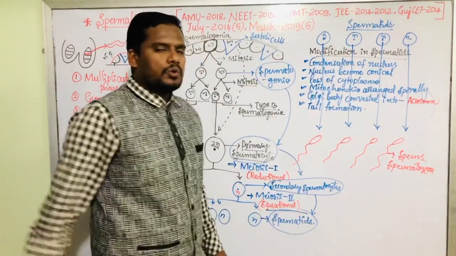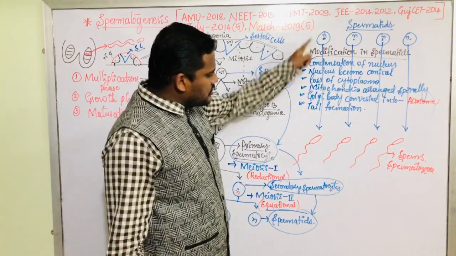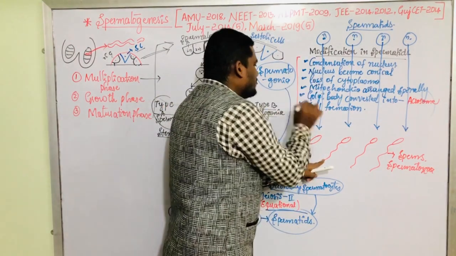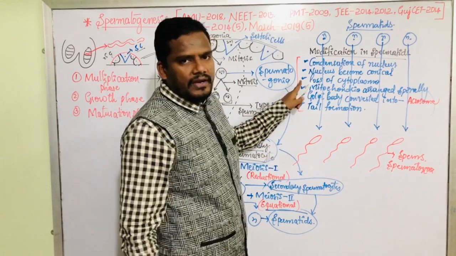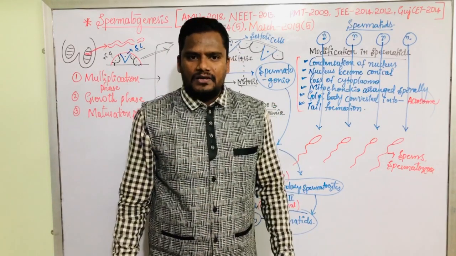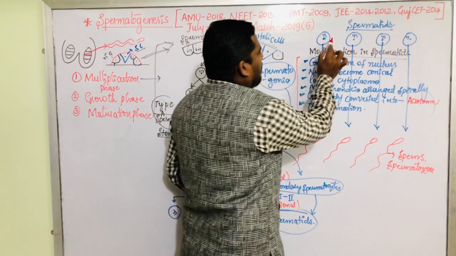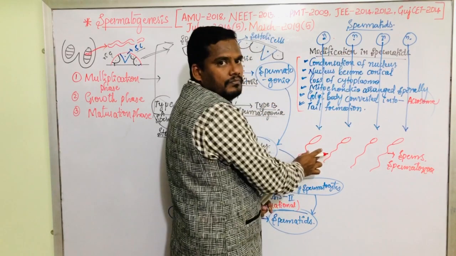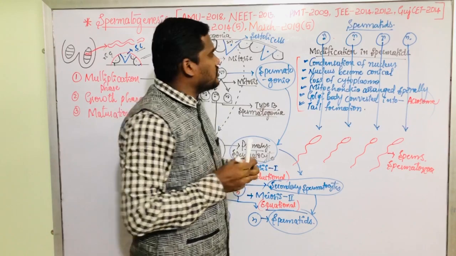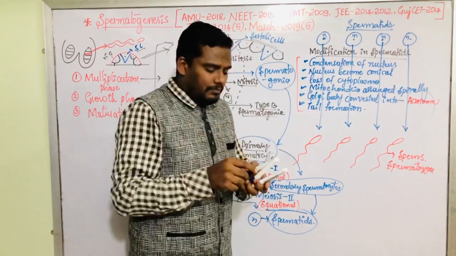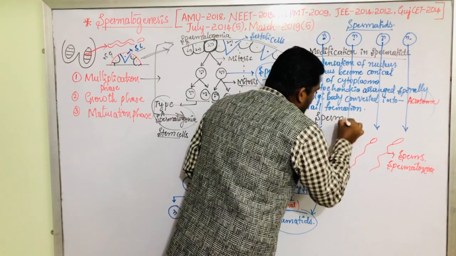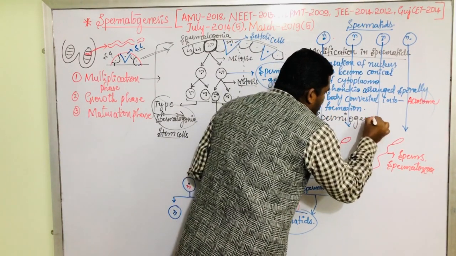From spermatids, spermatozoa are formed by these alterations, these modifications. This step is repeatedly asked in the competitive exams, my dear friends. This journey from spermatids to sperm is given a proper, specific name. What is the term? It is spermiogenesis.